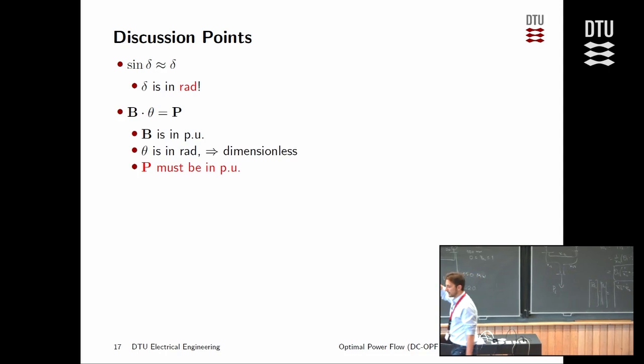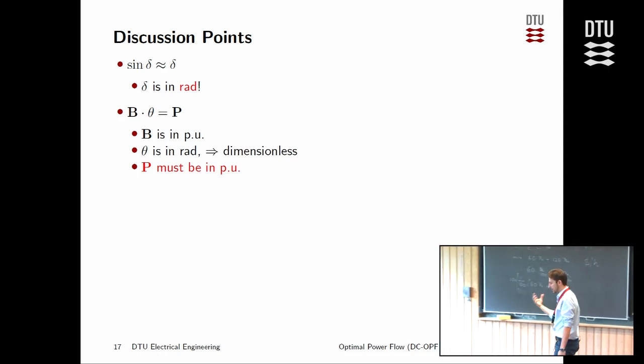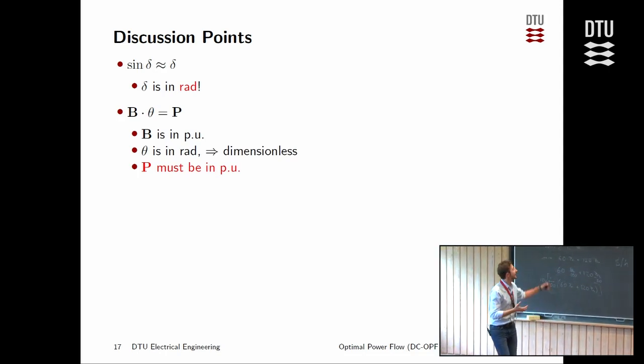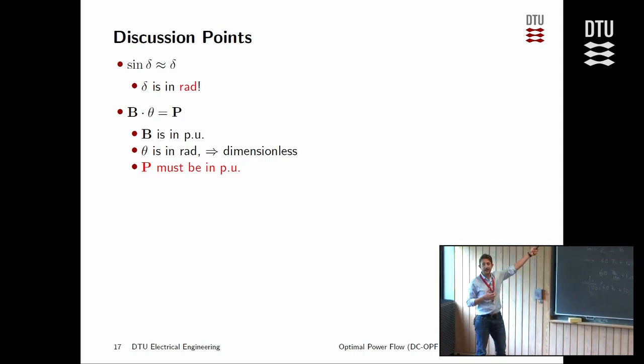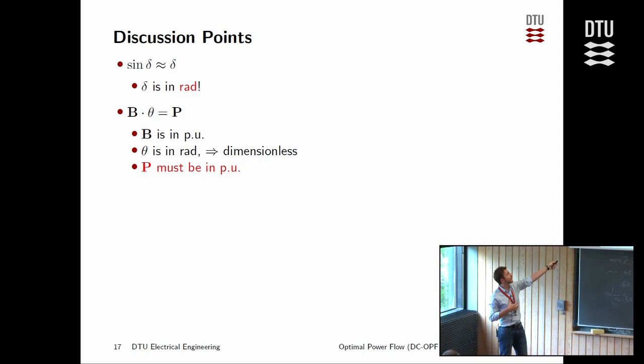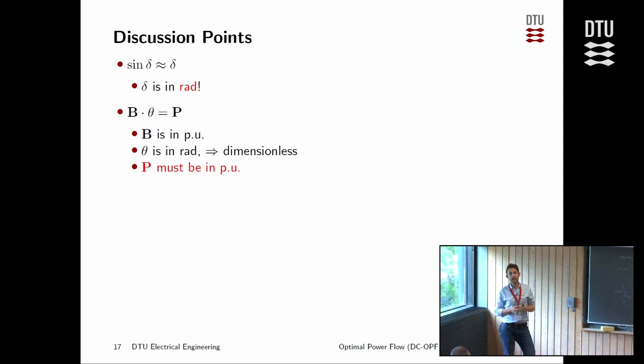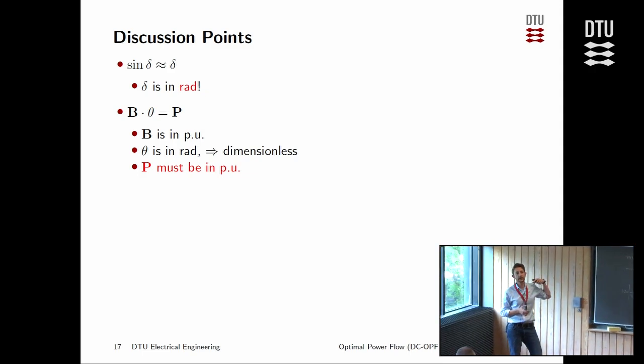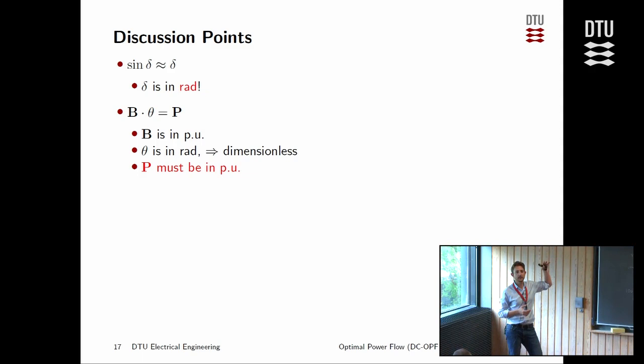But the way that we have approximated the power flow problem, delta is my voltage angle and must be expressed in radians. And if that's so, then P must be in per unit. I think it's better if you make the effort to do that, because then everything is consistent. Otherwise, delta has no meaning at all. Good.